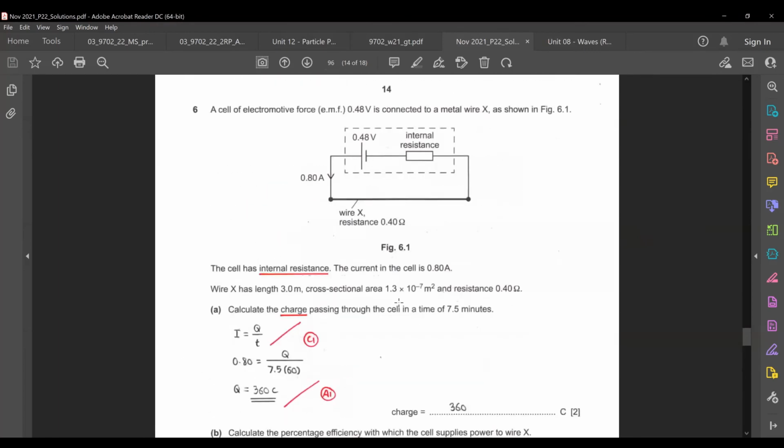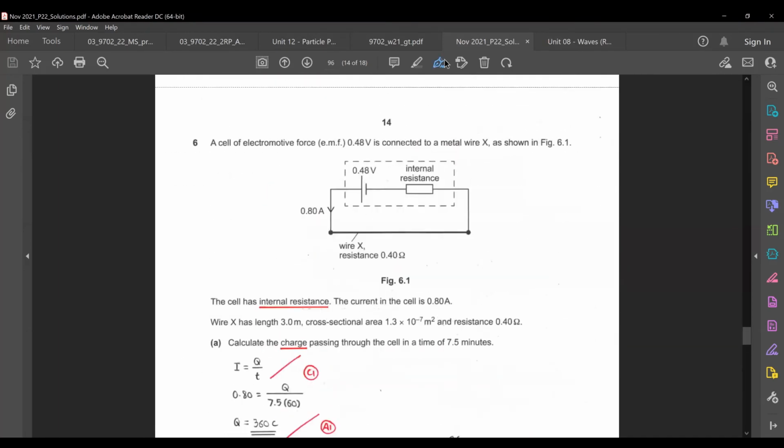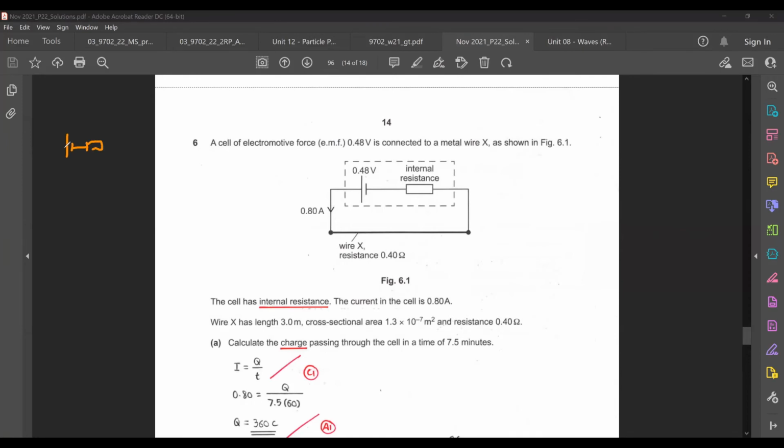So what we have here is something like this. Let me just redraw the diagram here for easy reference. You have this with internal resistance, and then you have the wire like this. Okay, so we know that this is 0.48 volts.